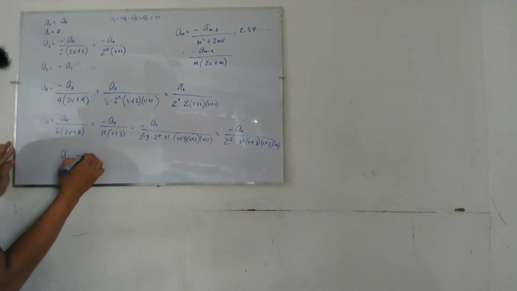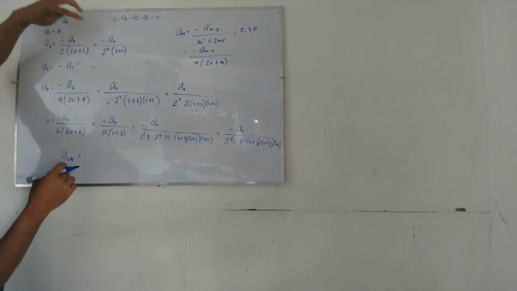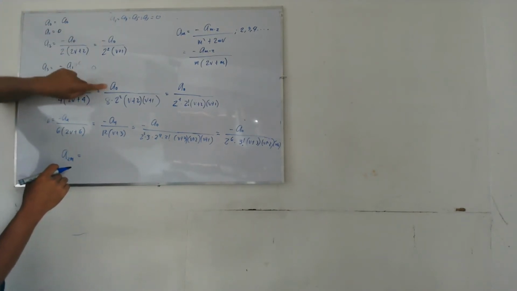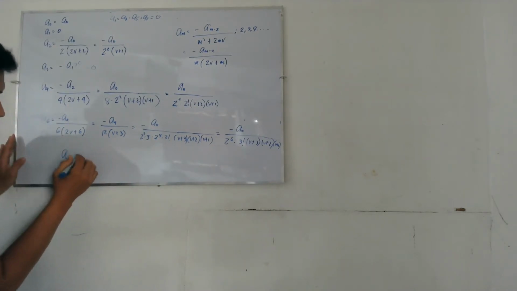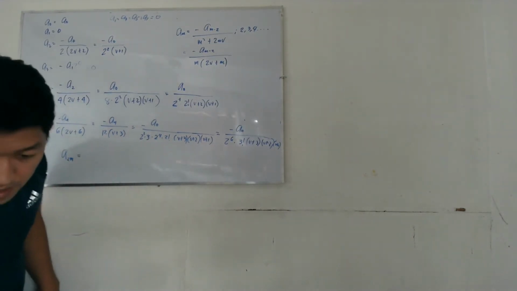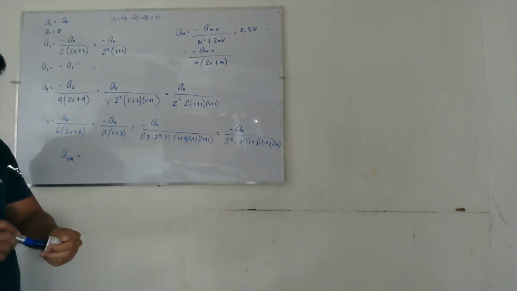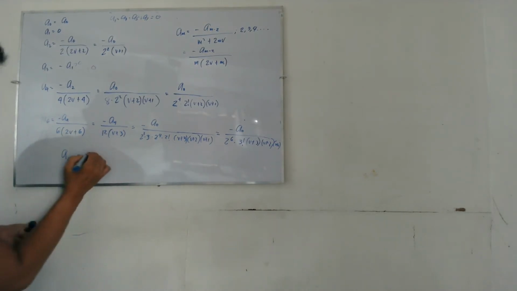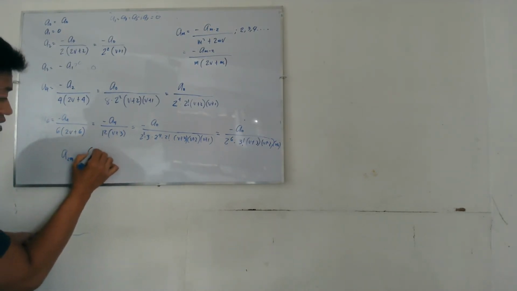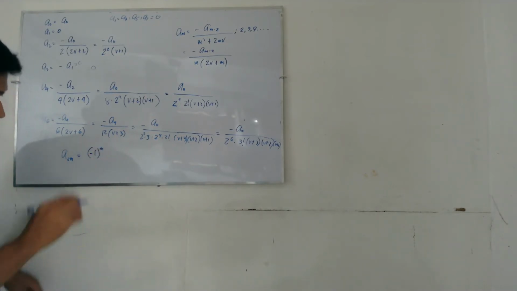And then, we see that the sign alternates. Negative, positive, negative. So, you have negative 1 raised to m.